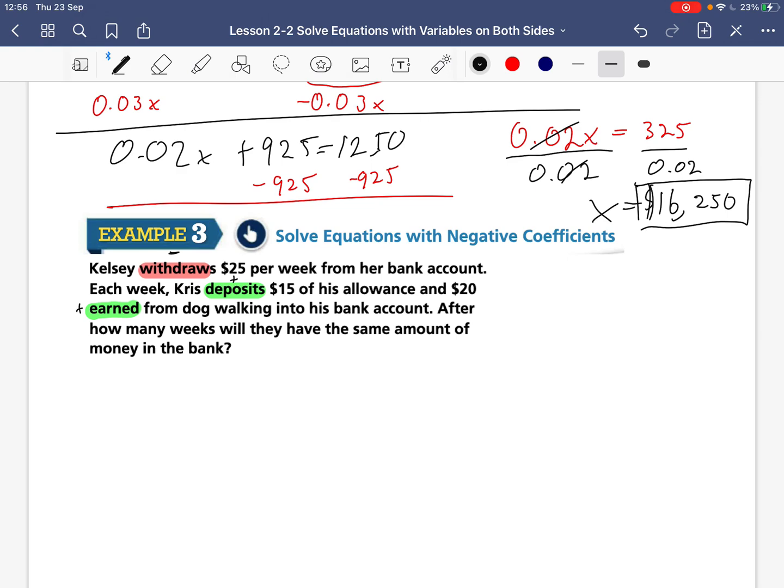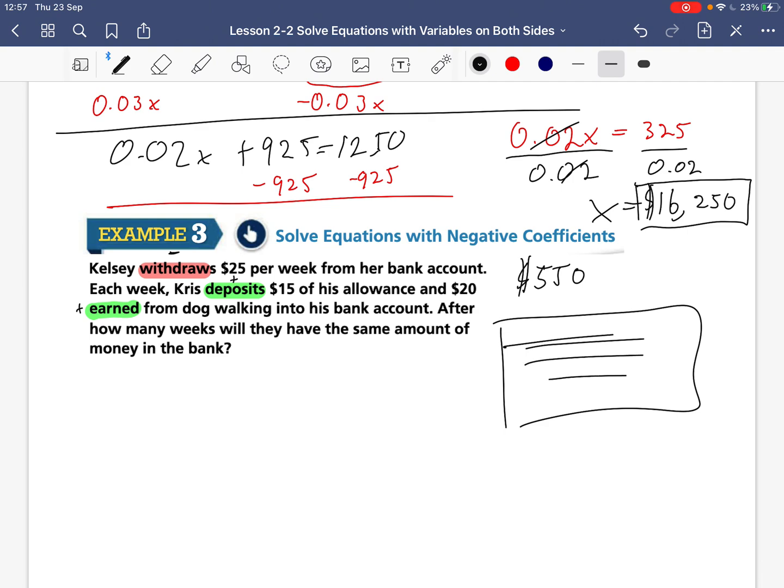for Kelsey was $550. Okay, this would be given to you. I realized that there was a spreadsheet over here that I didn't copy, okay? So that was missing. So we would take, this is Kelsey, so 550 minus 25W. W is how many weeks, okay? Equals, how much money does Chris start with?